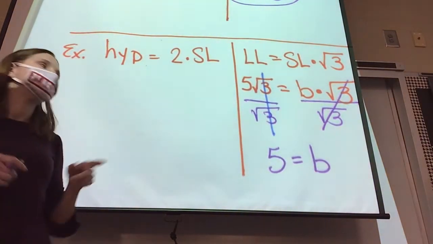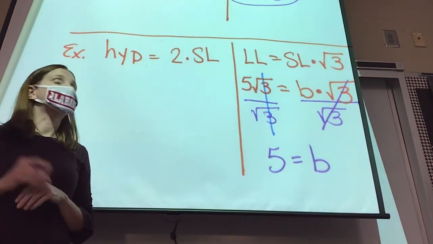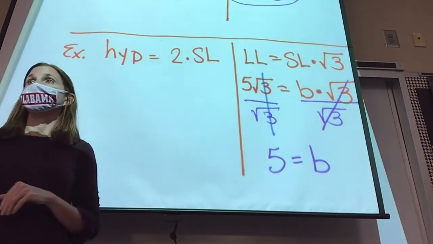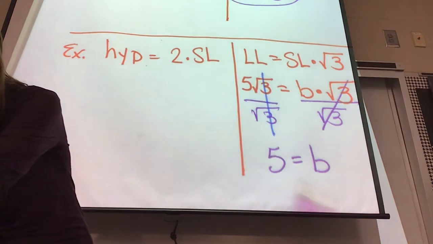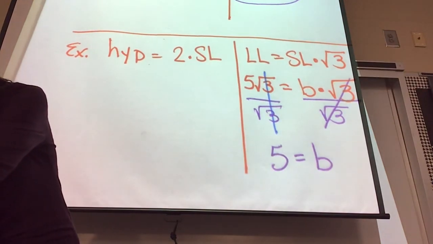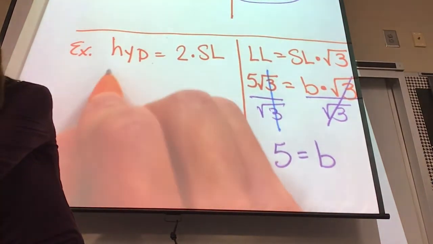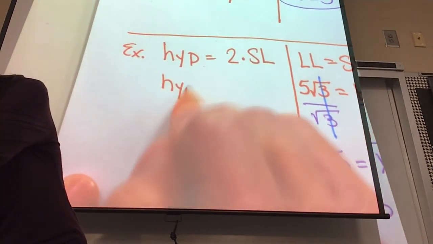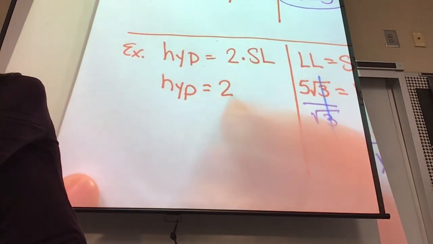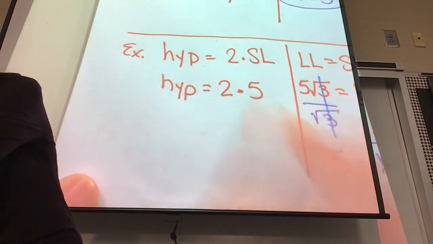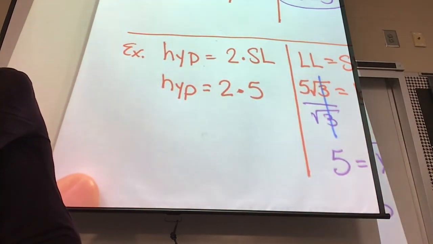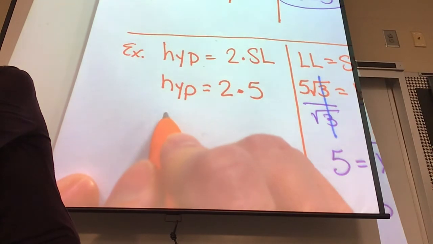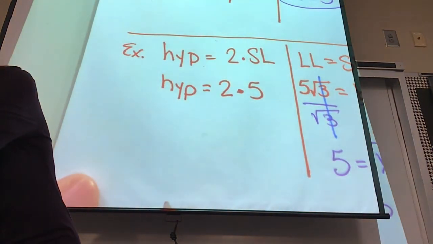Now, take that and plug it back in. So B was my short leg. That's my short leg. So plug it back in. So now I have the hypotenuse equal to 2 times 5. Would you put A for the hypotenuse? So my hypotenuse was labeled what?